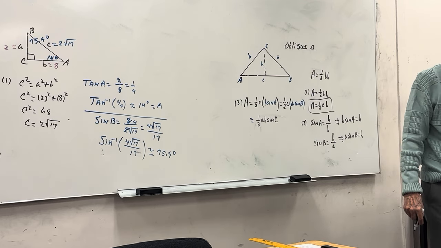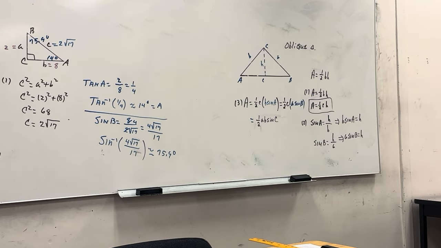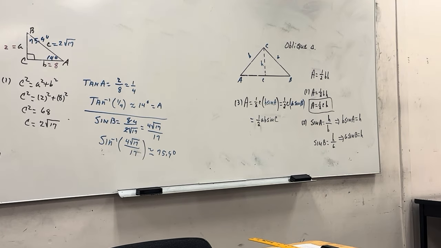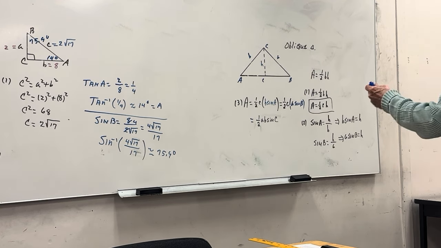Yes or no? Please tell me, are all three of those telling me 1/2 the product of two sides, and you get to choose the sides, then attach to it the sine of the included angle? Is that what's coming out? Okay. Now, if I want to find the area, I can use any of those versions.